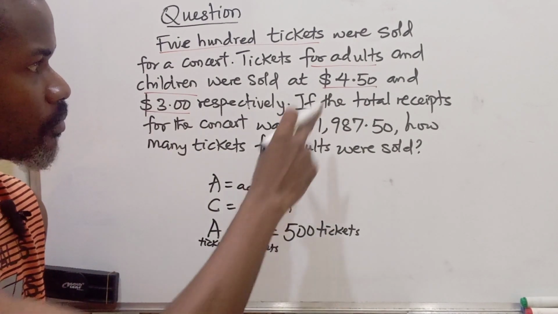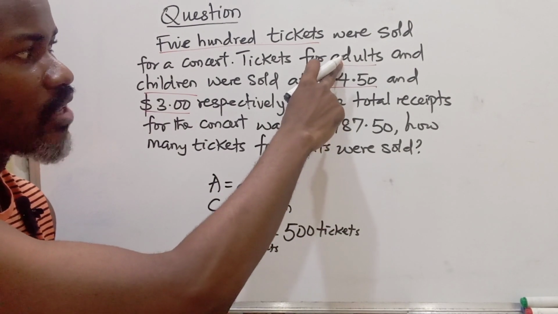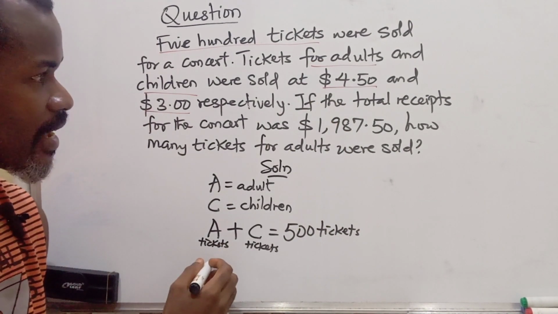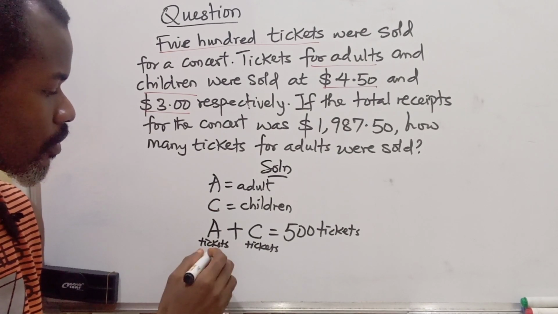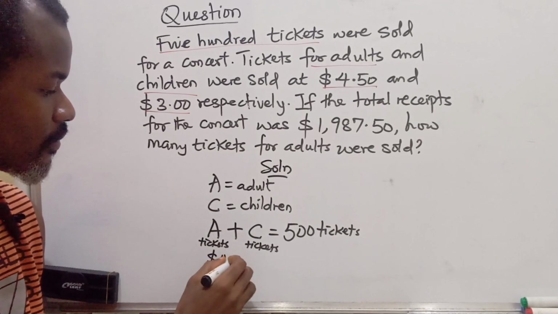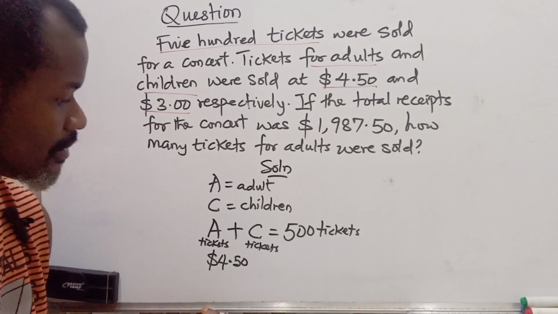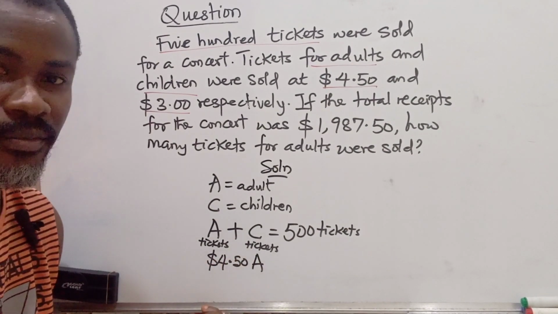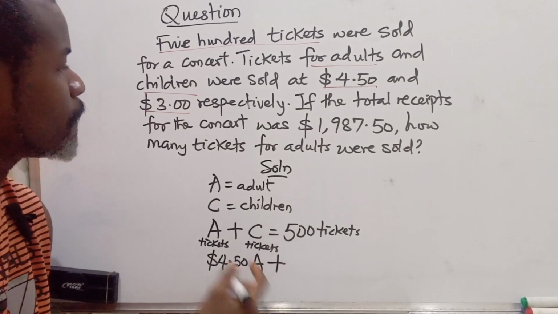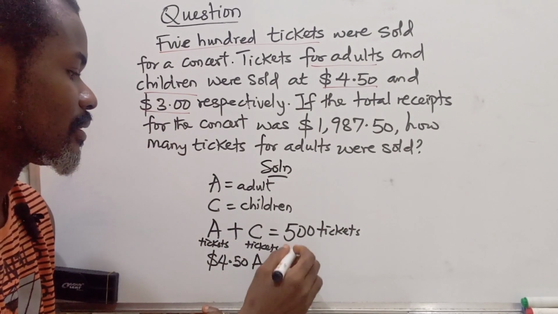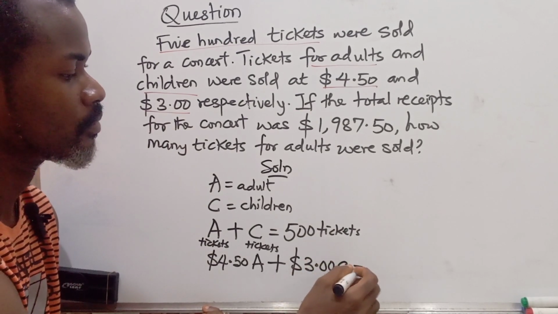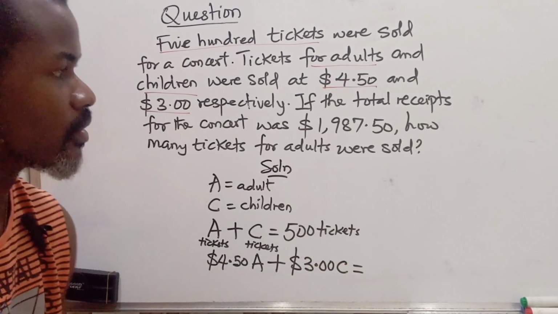It means we have the number of tickets times the amount: 4.50 dollars times A, plus $3 times C, for children.